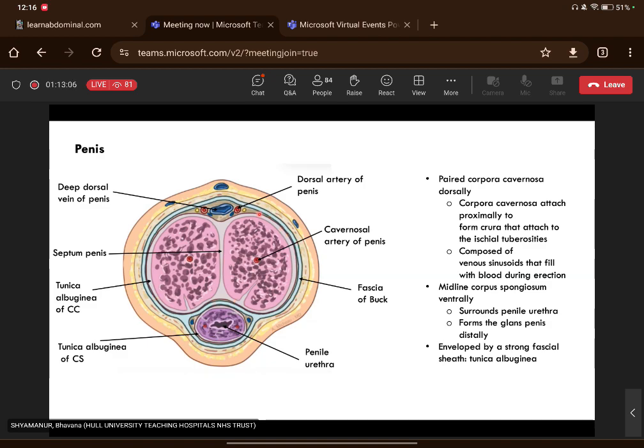And all of these structures have yet another outer lining, the blue structure here, which is the fascia of Buck, and that's another thing that may be labeled. Dorsal to these structures, you have a few blood vessels, the deep dorsal vein and the dorsal arteries of the penis as well. That's the main anatomy to know there.